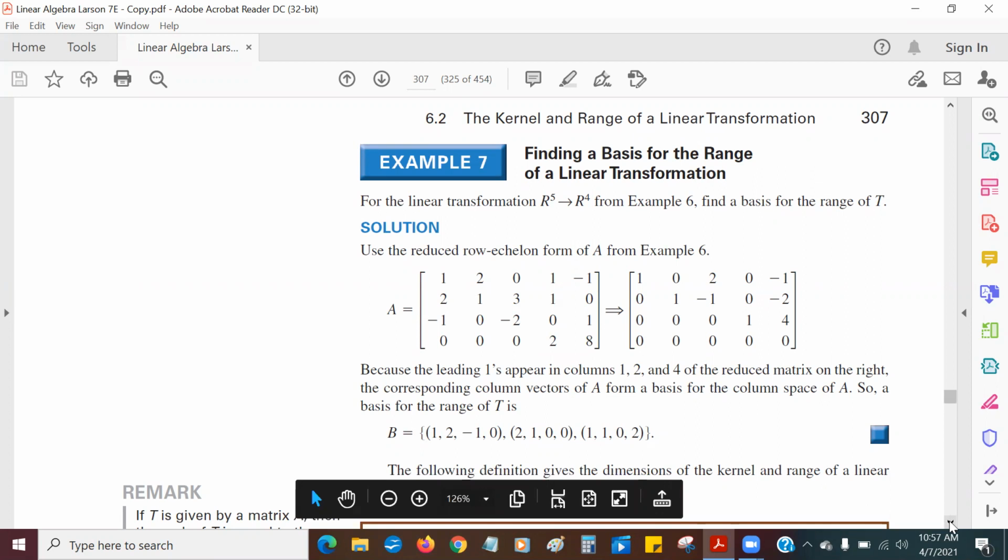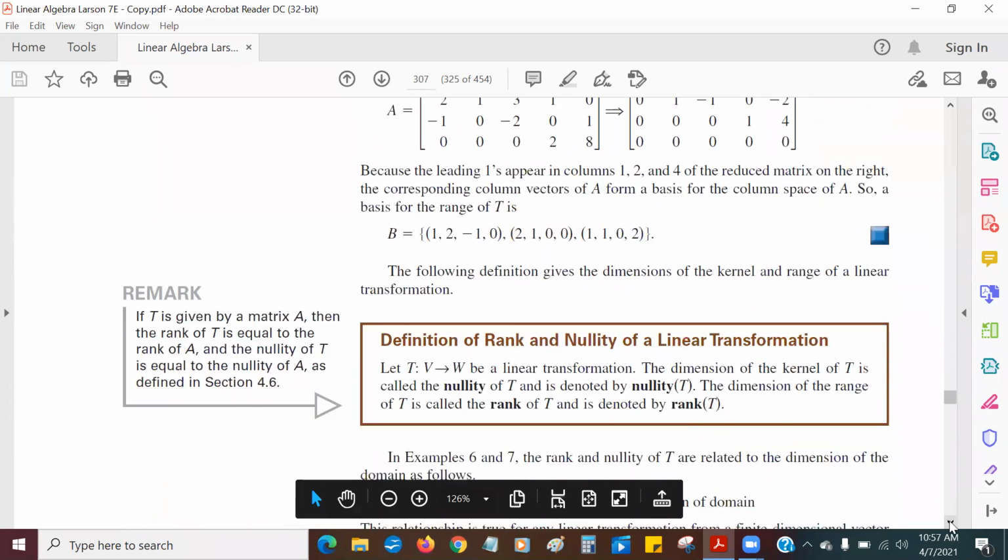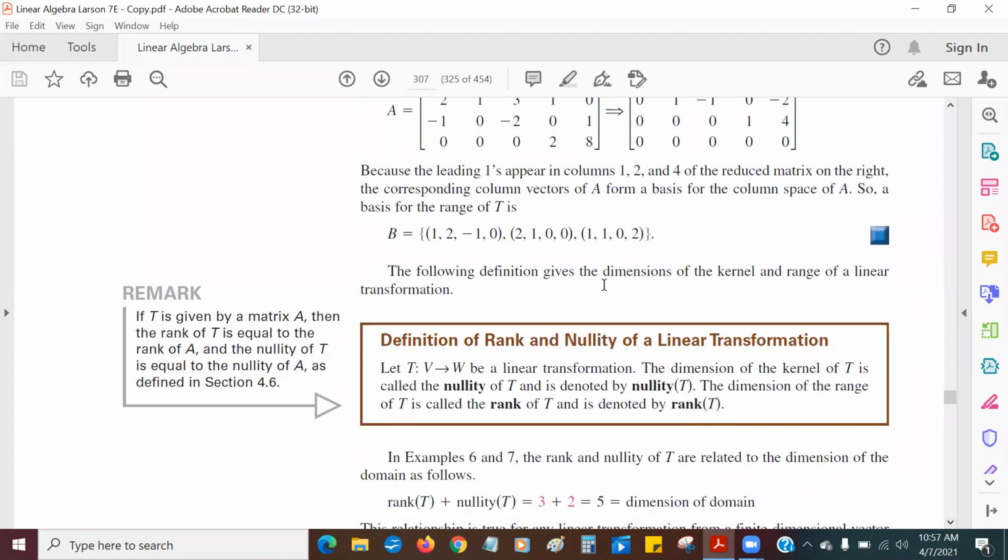Now we're going to give the next definition here: the definition of rank and nullity of a linear transformation. Let T from V to W be a linear transformation.